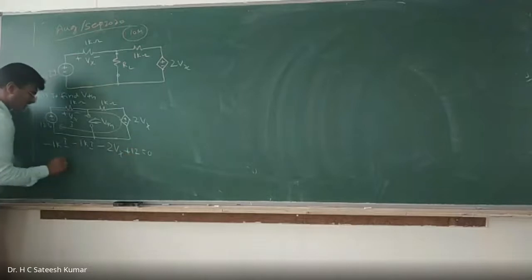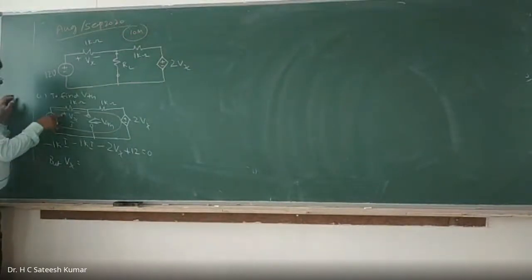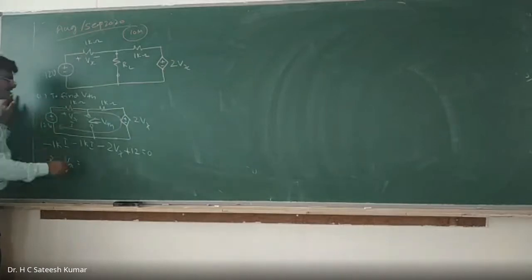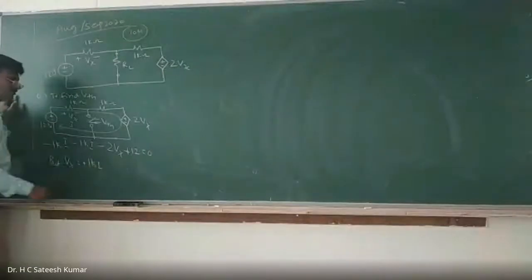What is Vx? The current is going from higher potential to lower potential. Therefore, it is the right direction. You will get plus 1K into I.